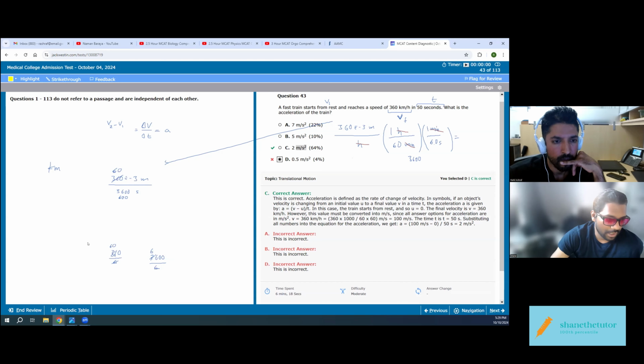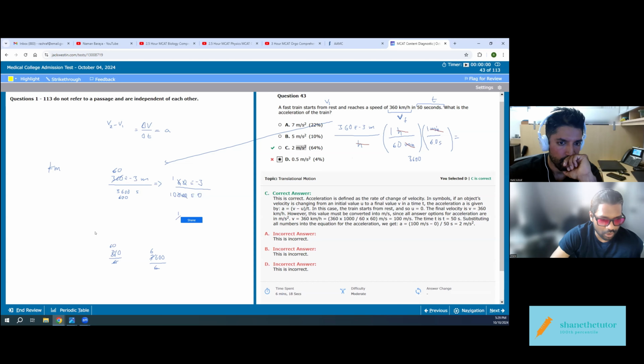Right? So now this is 60 times 10 to the negative 3 divided by 600 times 10 to the 0. So now I can get rid of these zeros, and 6 goes into 6 once, 6 goes into 60 10 times.